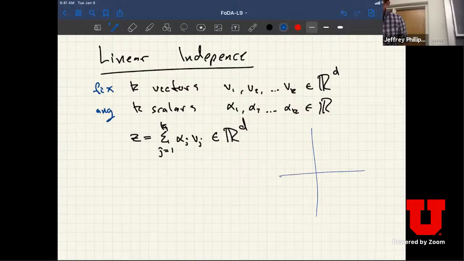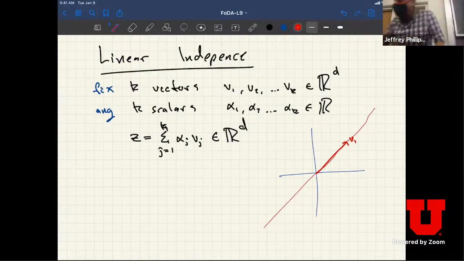If I have a single vector v1, then the set of all the vectors I can get by scaling it are all the values along this line here. I can make it larger, I can make it smaller, I can negate it and go backwards across the origin.